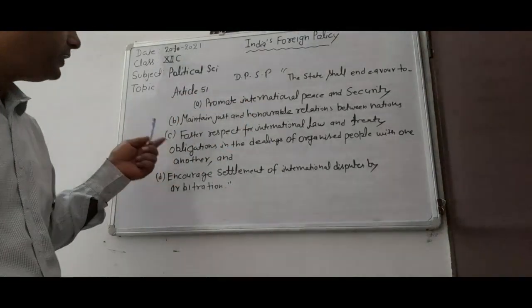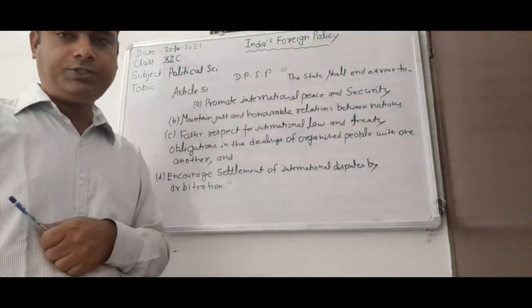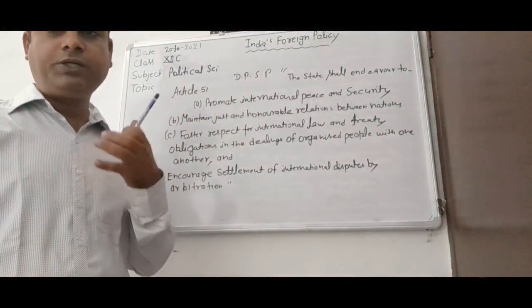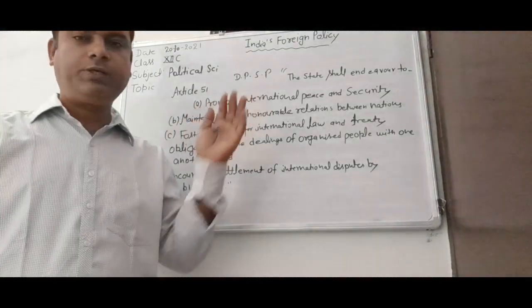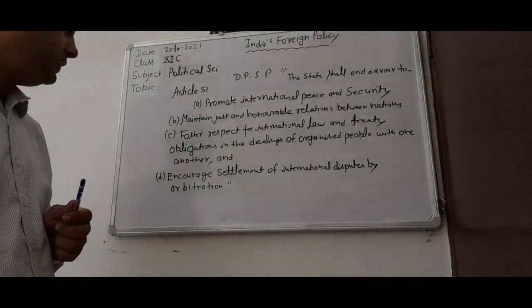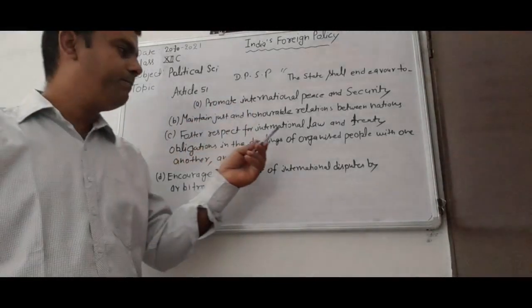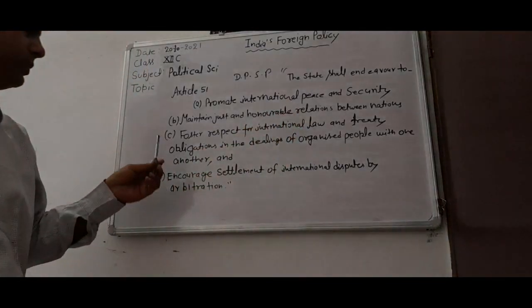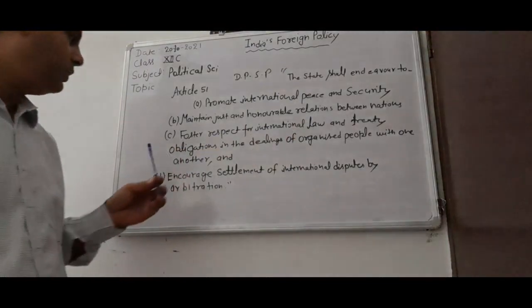The second thing, maintain just and honorable relations between nations. It is the responsibility of the state to maintain just and honorable relations between nations. The third is foster respect for international law and treaty obligations in the dealing of organized people with one another.